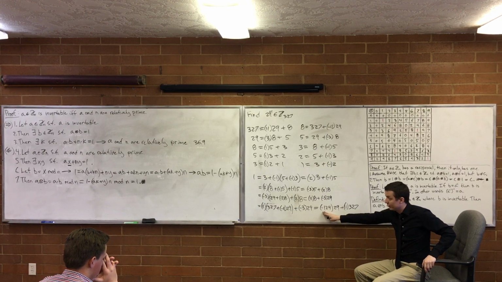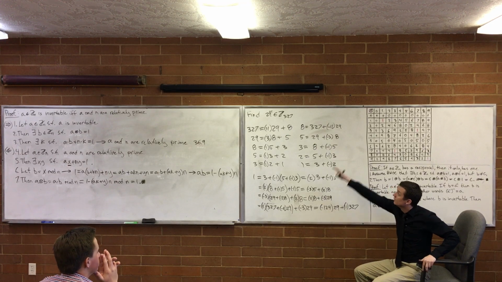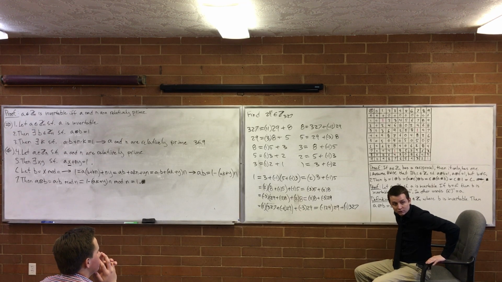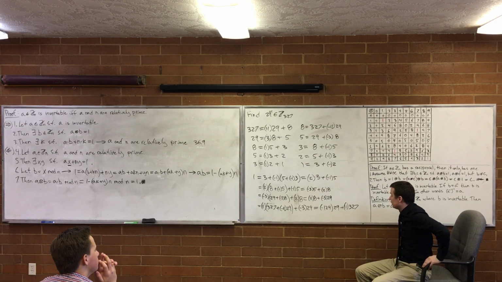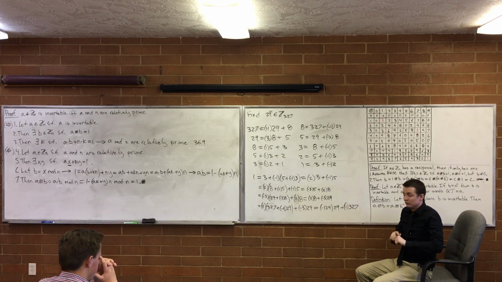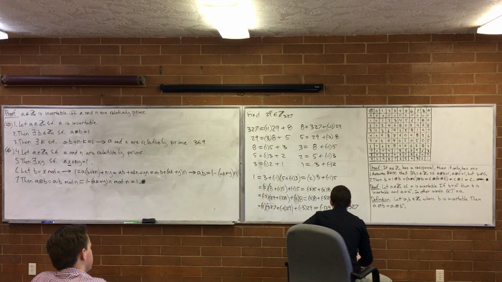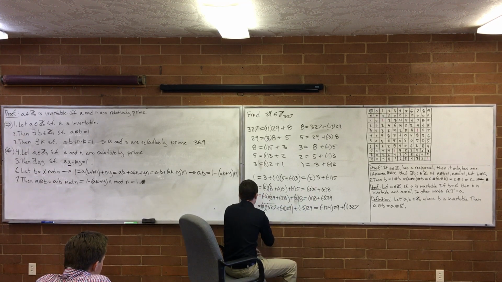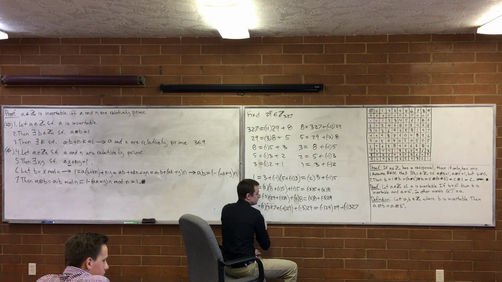But negative 124 is not in Z 327, so we need to add 327 to that. What is negative 124 mod 327? It's the remainder. Okay, let's do it.